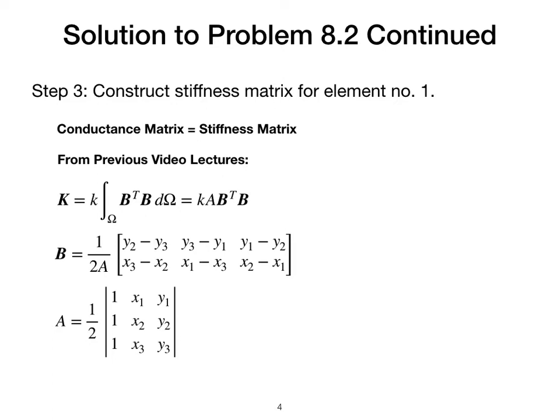where A is given by half of determinant of a matrix containing 1 x1 y1, 1 x2 y2, 1 x3 y3, where x and y here are the coordinates of the vertices of the triangular element. And the subscripts here correspond to the local numbering.